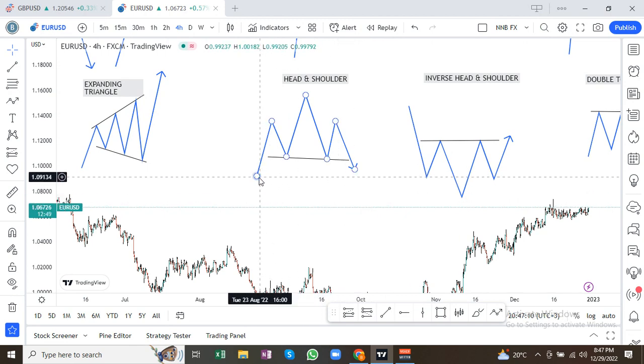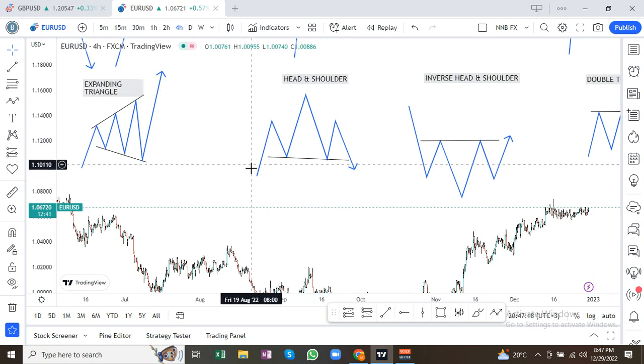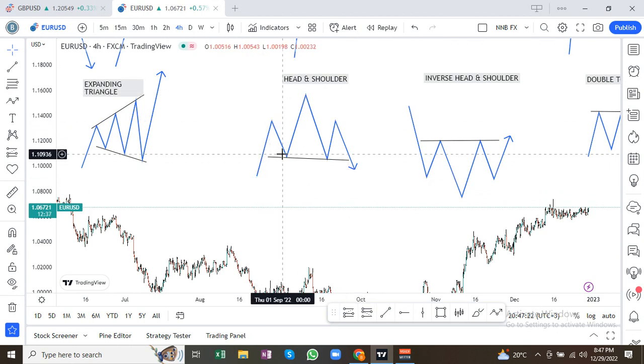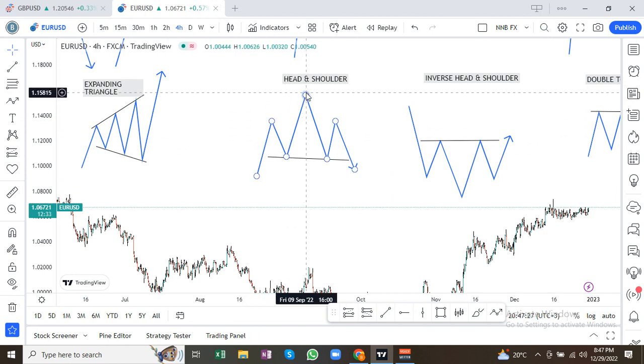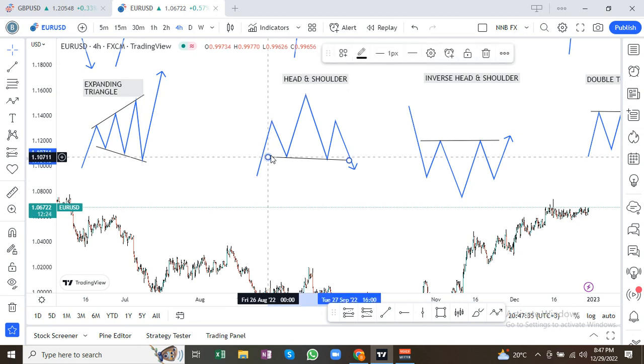As you can see, the price came up from the shoulder, which is normally found on a double top or triple top area. It comes up from the left shoulder and then the head goes up to retest the double top area, comes back down and then forms a neck here where I've drawn this line.